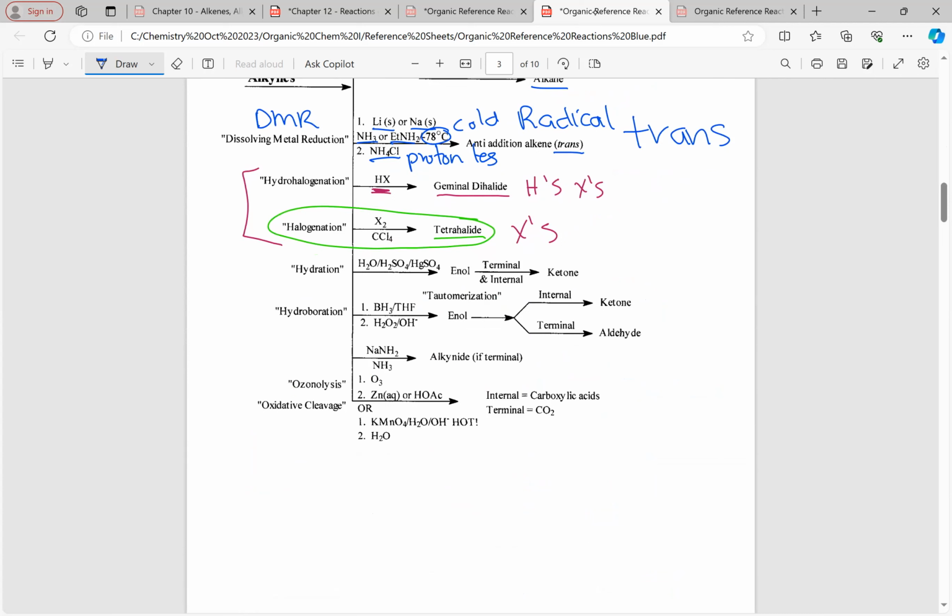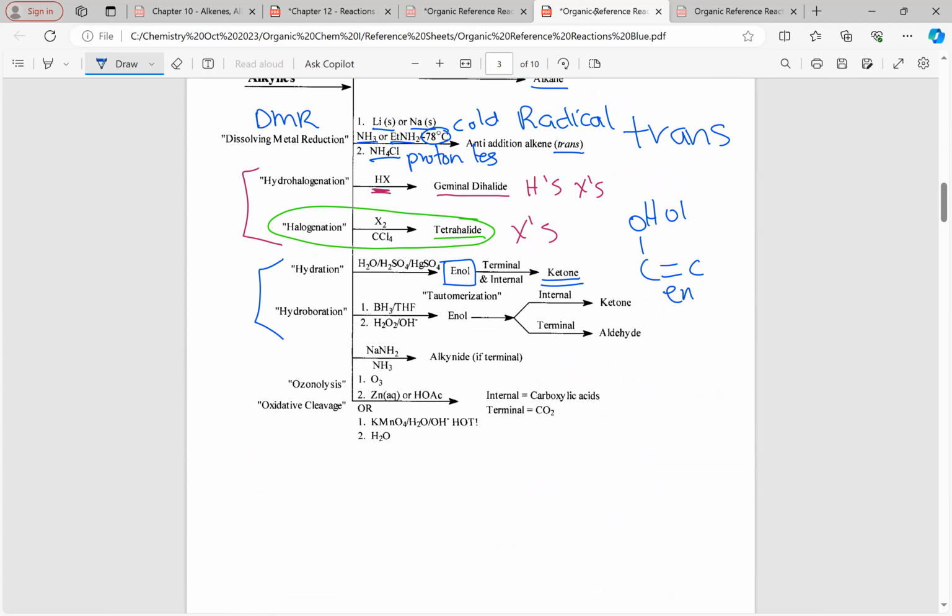All right, for alkynes, we just did hydration and hydroboration, and I made a little note for you here. Remember, it makes an enol. An enol is when you have an OH on an alkene. So there's the ene portion, there's the ol portion. So you go through an enol, which means an alcohol on an sp2 hybridized carbon. And so it doesn't matter whether it's terminal or internal, you are going to end up with a ketone.